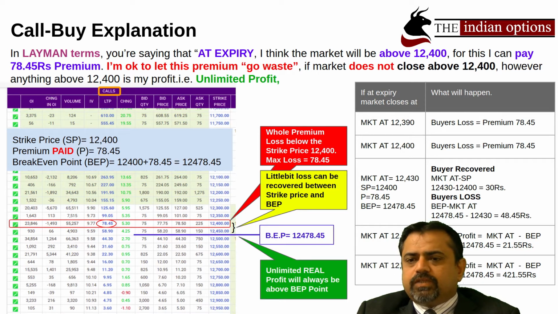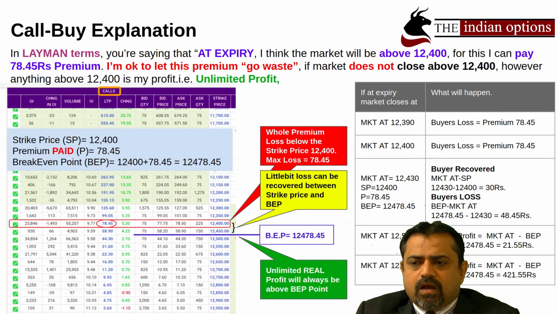I'm okay to let this premium go waste if the market does not close above 12,400. However, anything above 12,400 is my profit, and it is unlimited profit. So if the market goes to say 12,900, 13,000, all that is your profit.